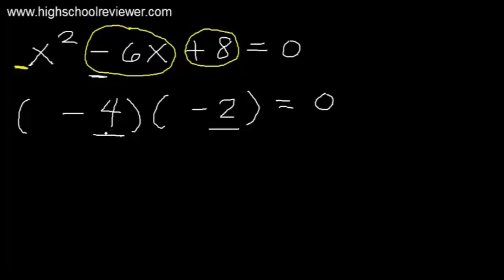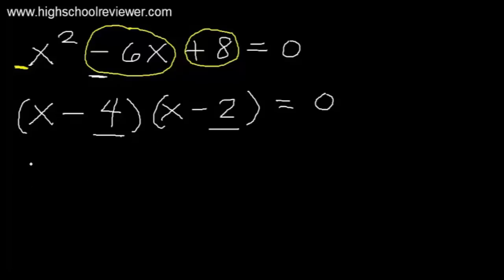So we now have the factors of 8, which is negative 4 and negative 2. So the lacking terms here, we are just going to factor out x squared. So the factors of x squared will only be x and x. So these are the two factors now for our equation. So to find the values of x, there will be two values.